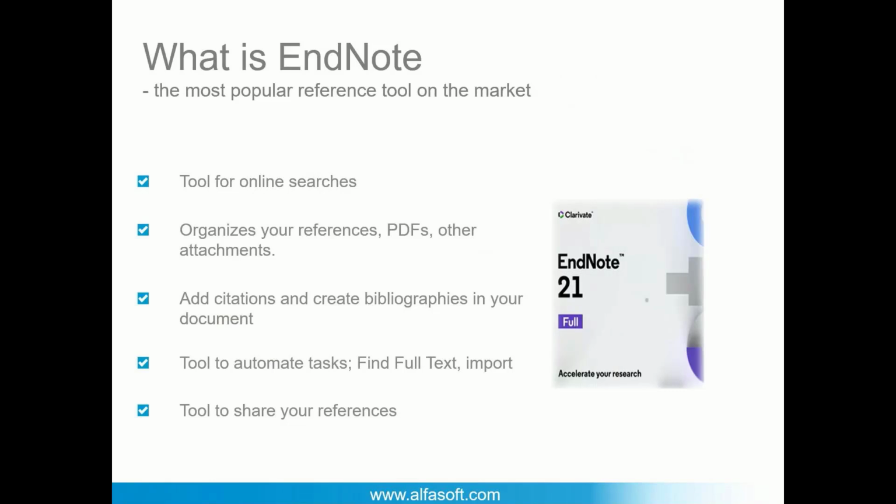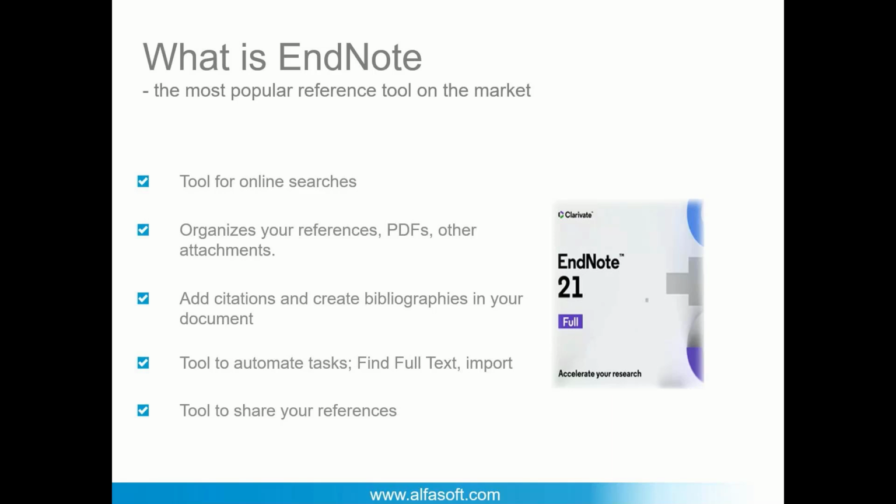What is EndNote? I take this up because it's quite important to understand this. I usually bring this up. So EndNote is a tool to search online databases for reference information. It's a tool for you to organize your references, attach full text PDFs, other attachments, other files, and find all that information.